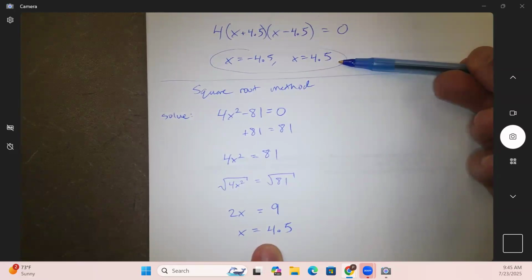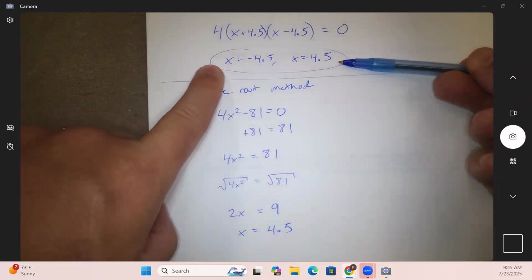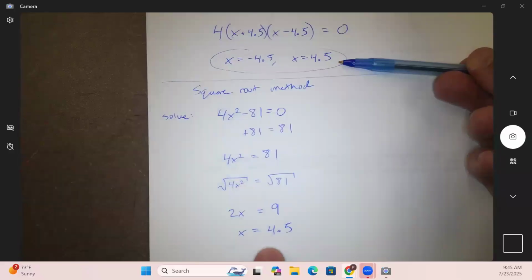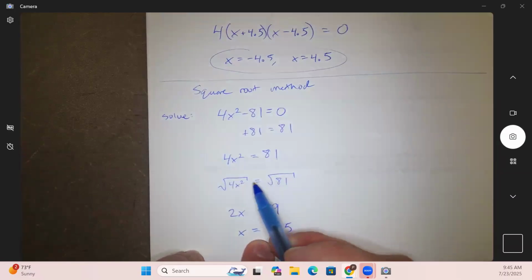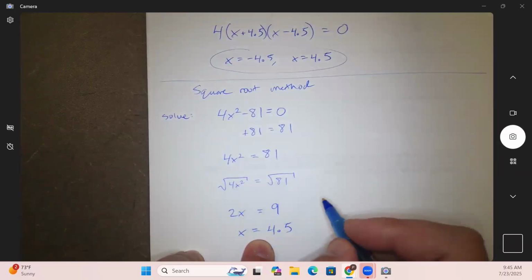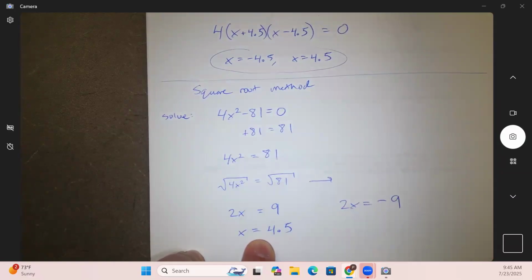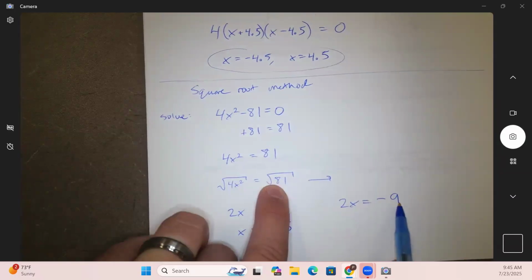It also works, but I made a mistake. Does anybody see the mistake I made? Plus and minus. Exactly. There are two x-intercepts, and that's very obvious from the graph. But I only came up with one solution. That's because when you solve using a square root, you also have 2x equals -9, because when you square -9, you get 81.